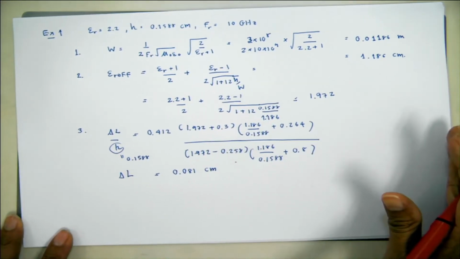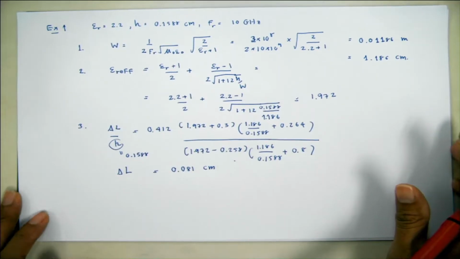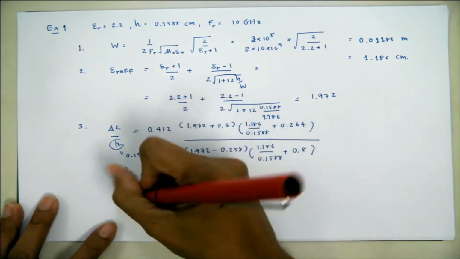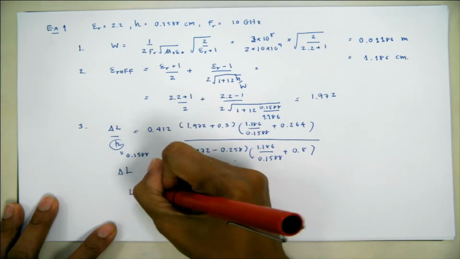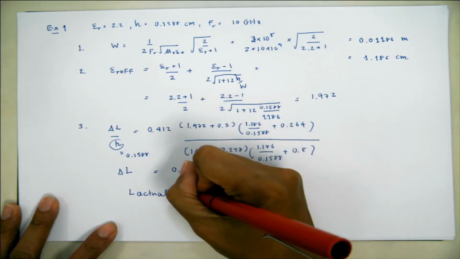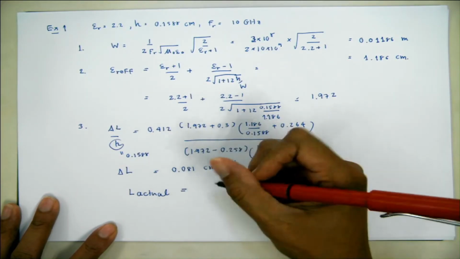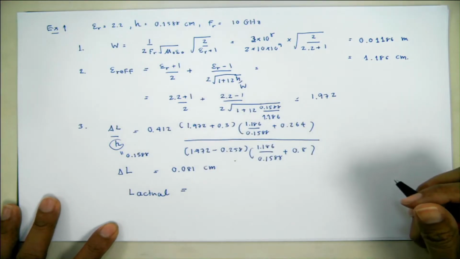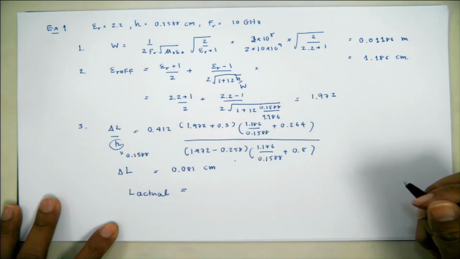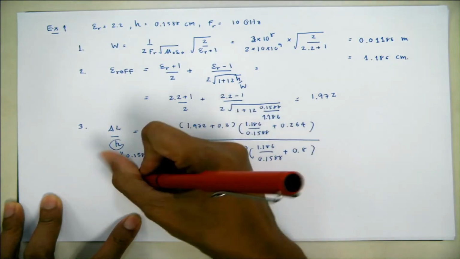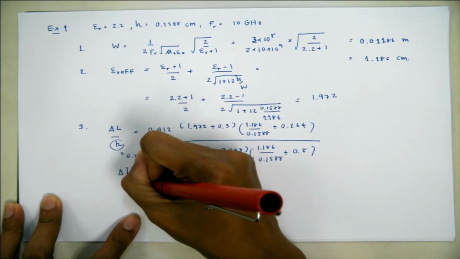So this is your extended length. Like I said, the optimal length is lambda over 2. Let me go with the effective length first.